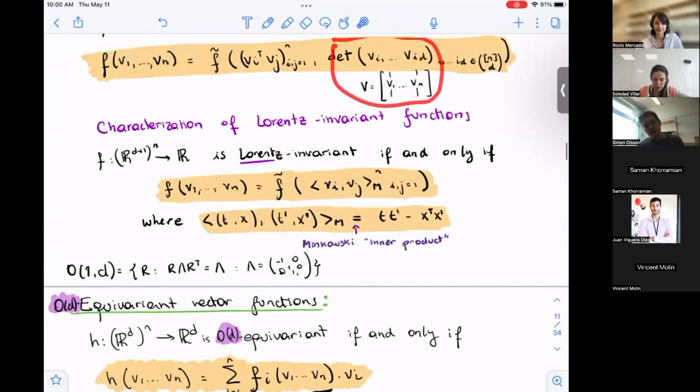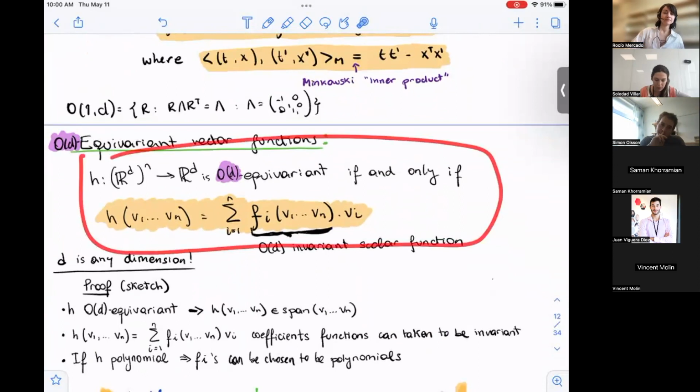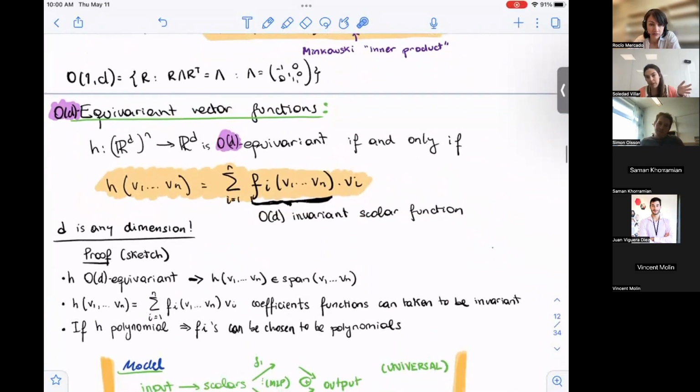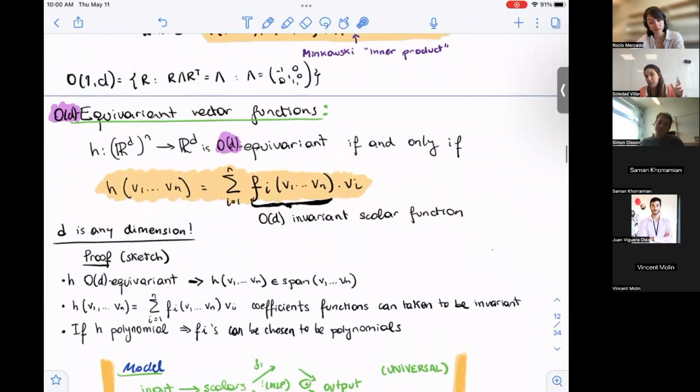Yeah. If you look at cross products, the theorem that I have here doesn't hold for SOD, because it tells you that an OD equivariant function lies in the span of the inputs. But SOD equivariant functions don't need to lie in the span of the inputs, because you can take two vectors and the cross product is SOD equivariant but doesn't lie in the span of the inputs. The theory of how to go from invariant functions to equivariant functions explains that case as well, and we have a paper where we explain that example. I can share it with you if you want. Yeah, that would be great.